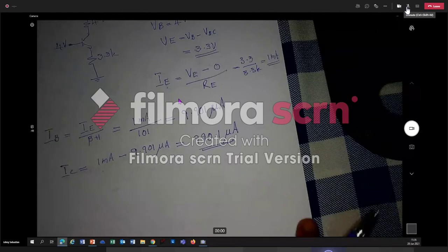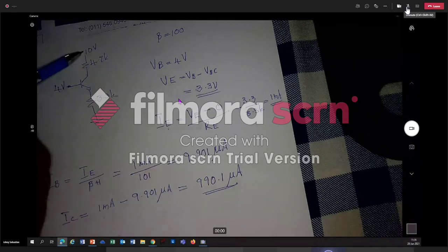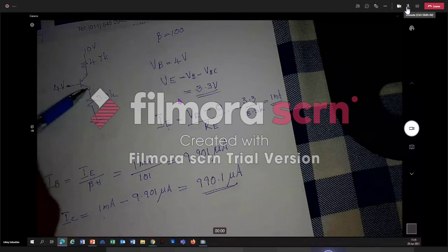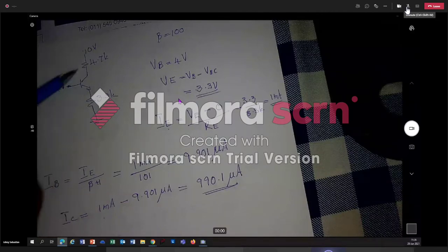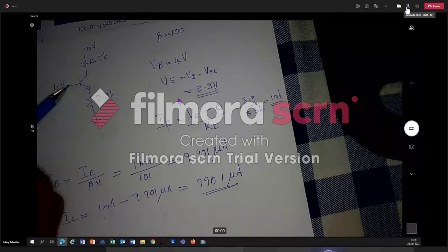You have to work from something solid, something we are certain of, because VCE could be any value more than 0.3 and up to VCC. So you cannot work from the emitter voltage to the collector. You cannot work out from base to the collector as well because we only know there is a reverse bias.